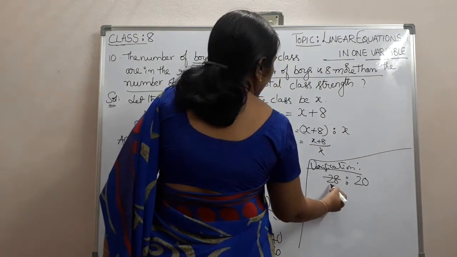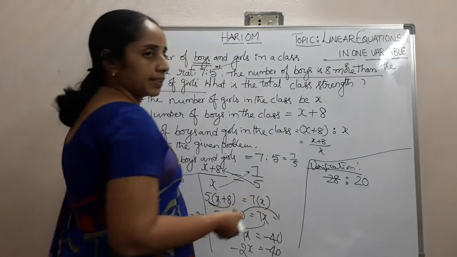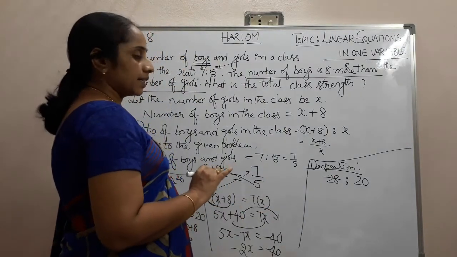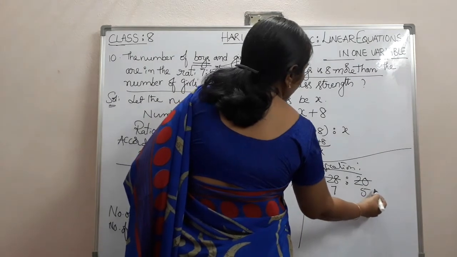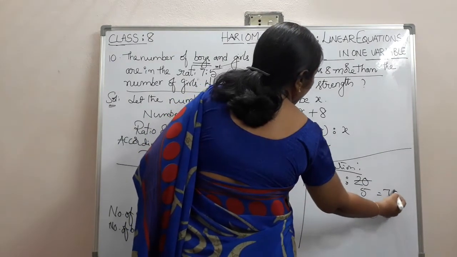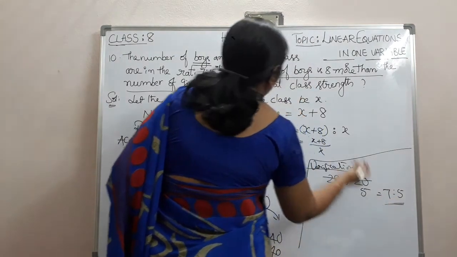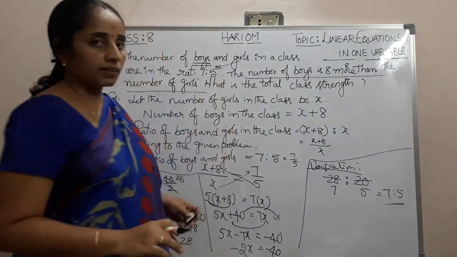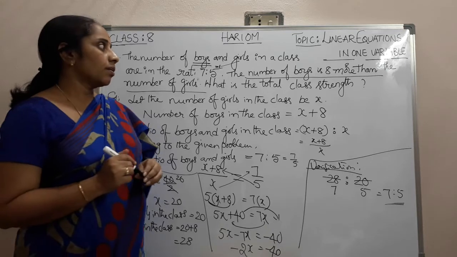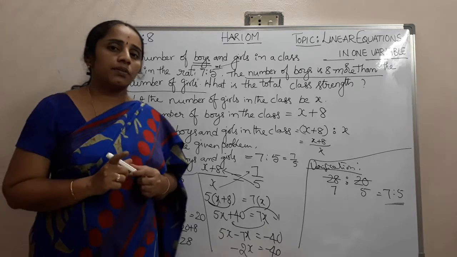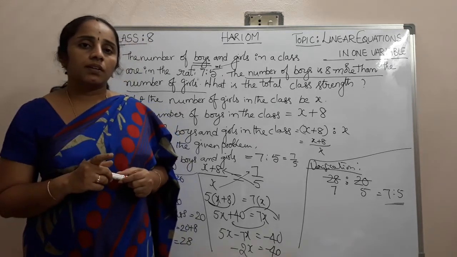By doing cancellation, that means we are writing in its lowest terms, that is 4 sevens are 28, 4 fives are 20. So the ratio is 7:5. We got the same here. Understood? Okay.